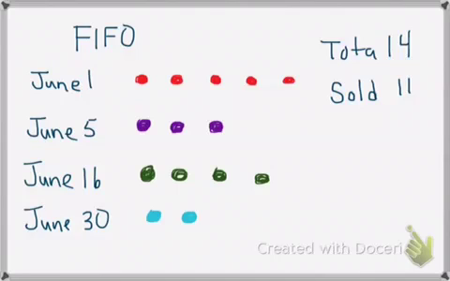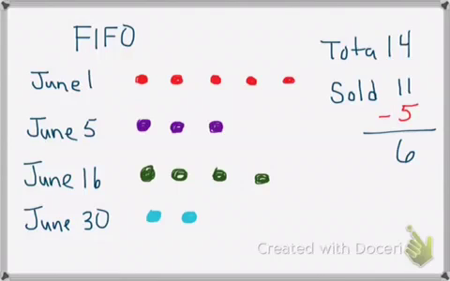With it, what we're saying is the first items that we bought are the first ones that we're going to cost out. So if I have a total of 14 units and I've sold 11 units, what this is saying is, from this point, I have 1, 2, 3, 4, 5 red units. I've sold 11 units, so 5 of those under this first in, first out method would be those red units.